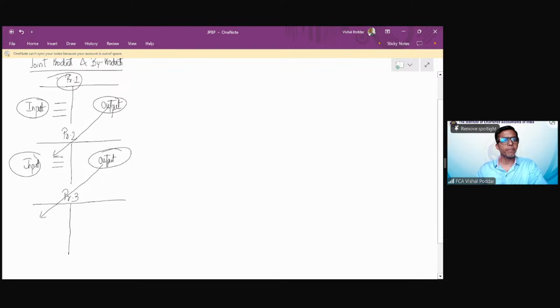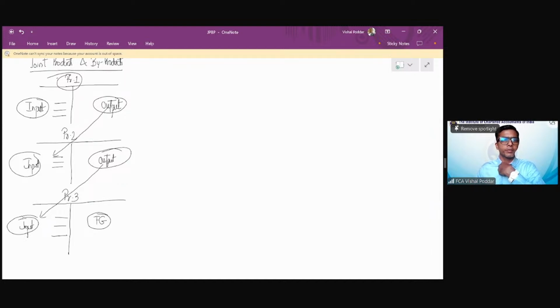And then this becomes the input for the last stage, which in my case is process 3. So we are assuming the third process is our last process. Again, you apply the expenses of this particular process, and then you finally get your final output, which is the finished goods of your business, or your final product, your ultimate product, right?